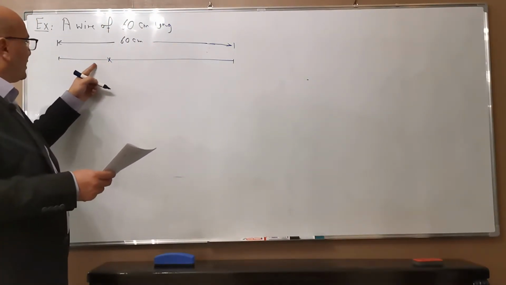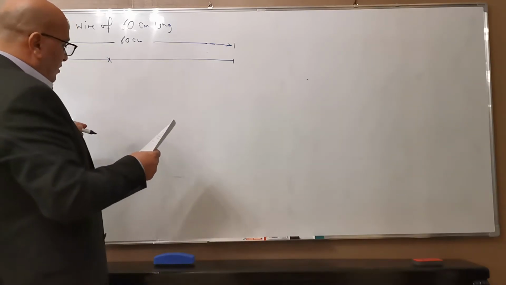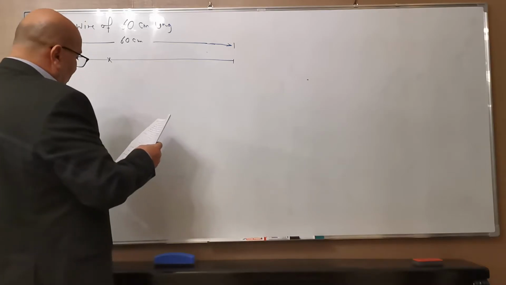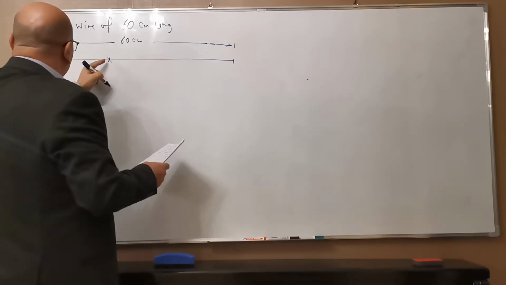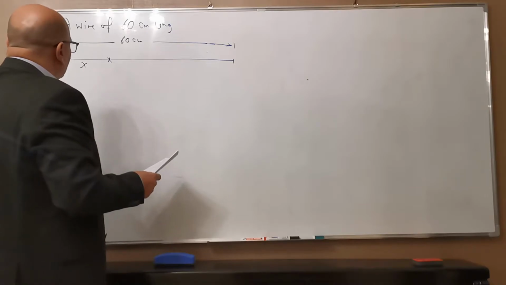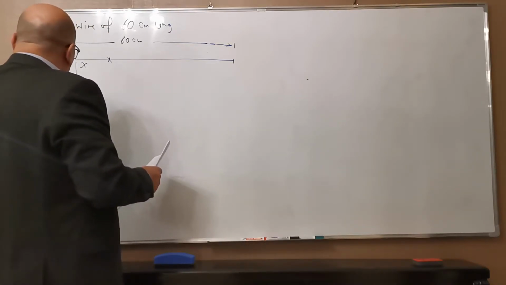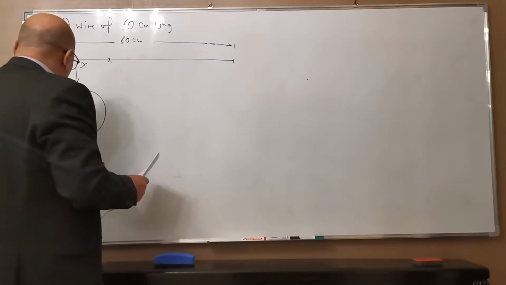So the wire should be cut somewhere, and we will let this piece here be x. So this x should make a circle.